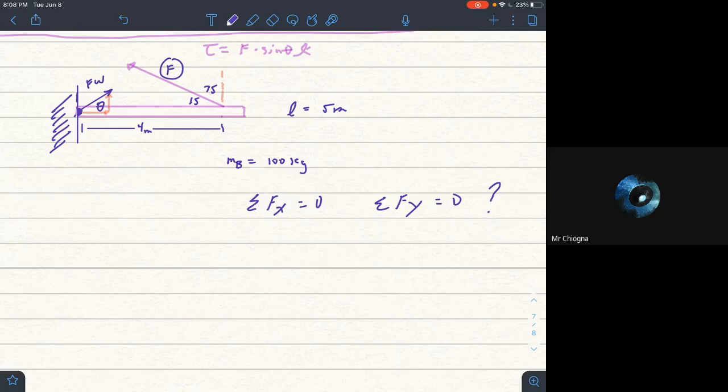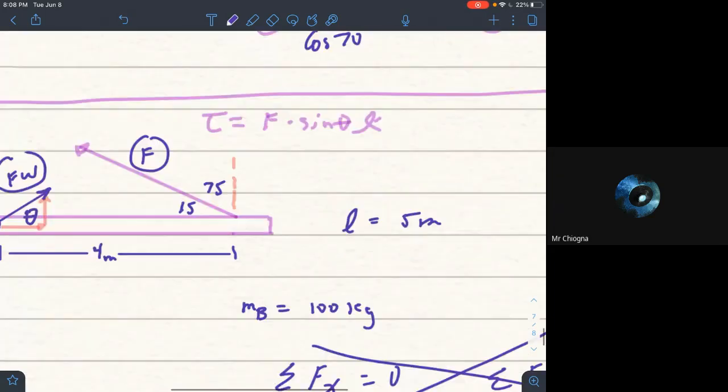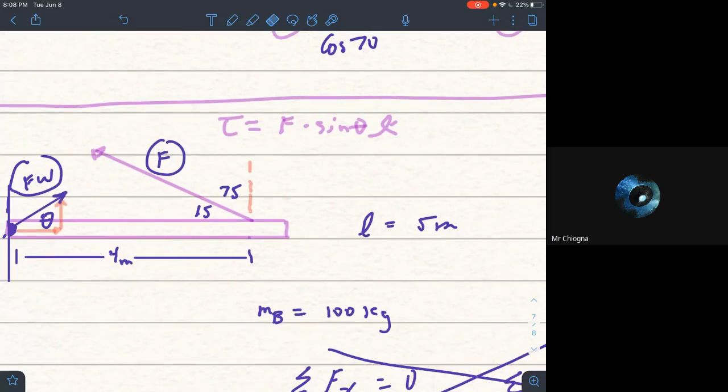No, not till later. You will use it later to find FW, but not to find F. The first step with a beam is to use this. So calculate the torques.